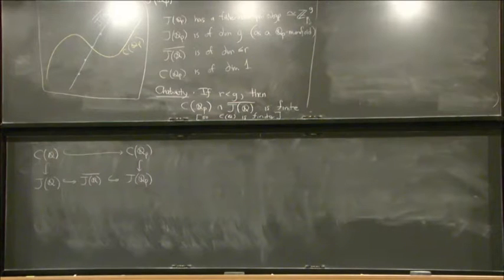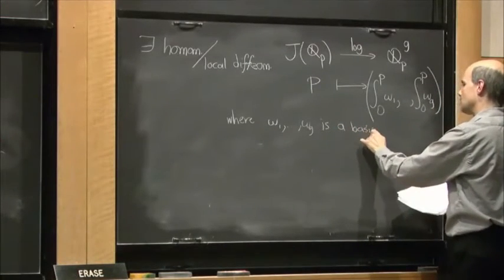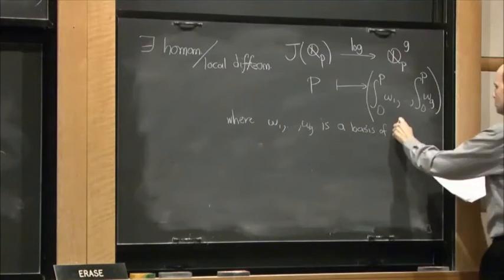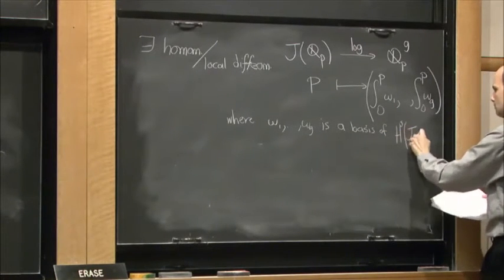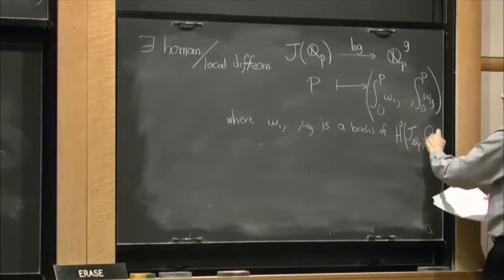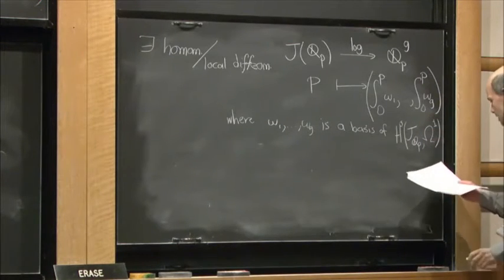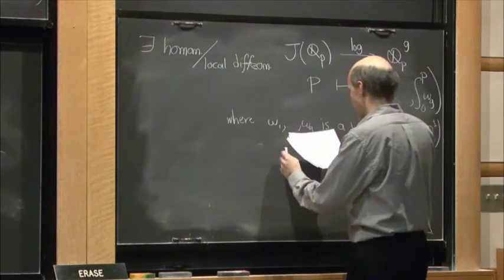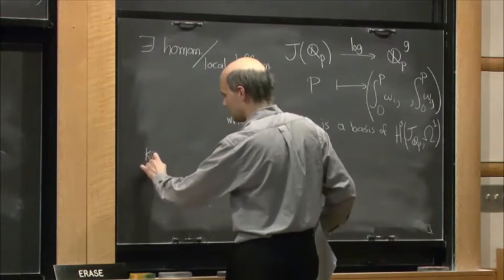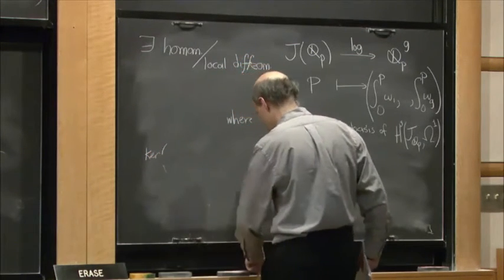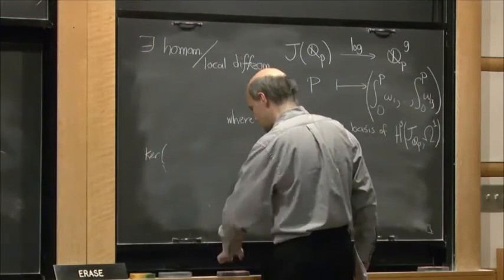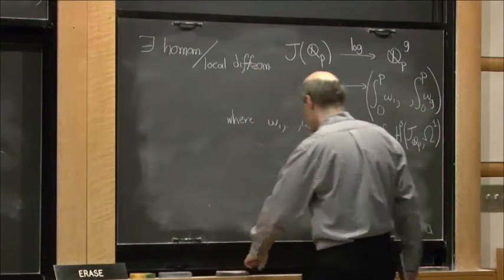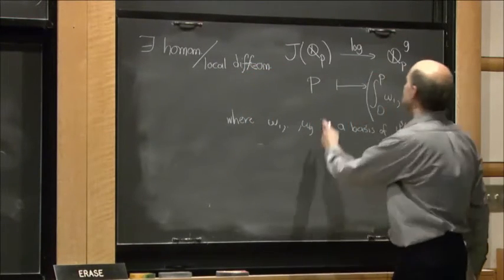So here, omega 1 through omega g is a basis of the space of one-forms. Before I say anything about the kernel of this logarithm map, let's ask what the image of this map is.